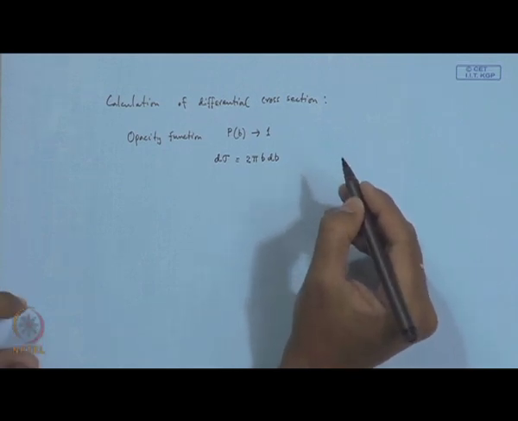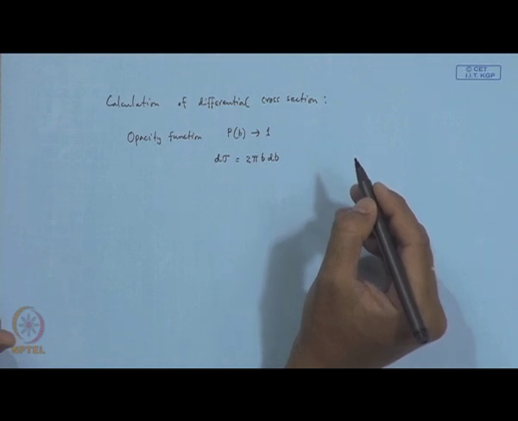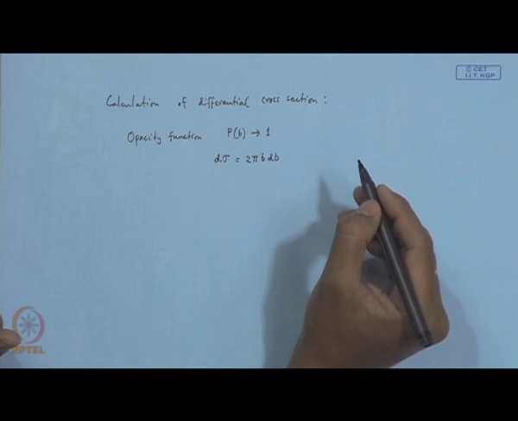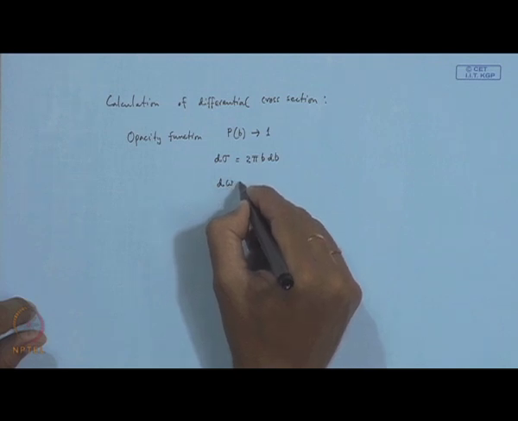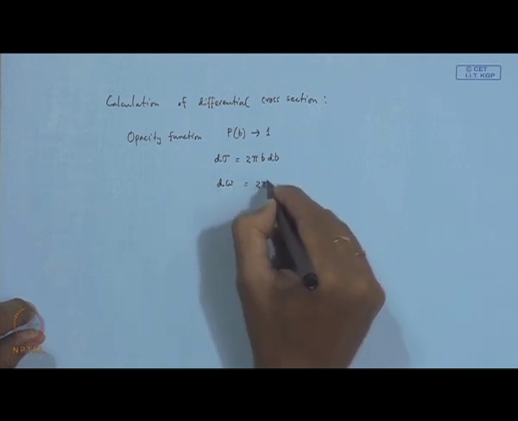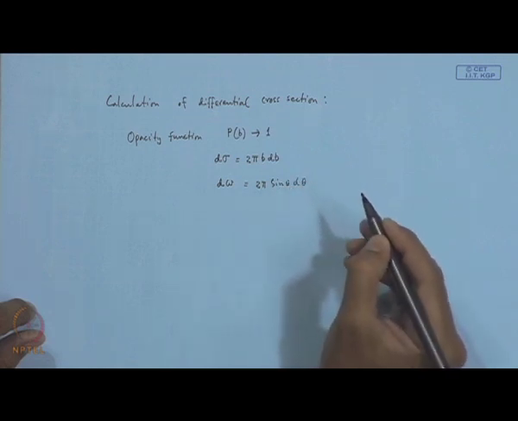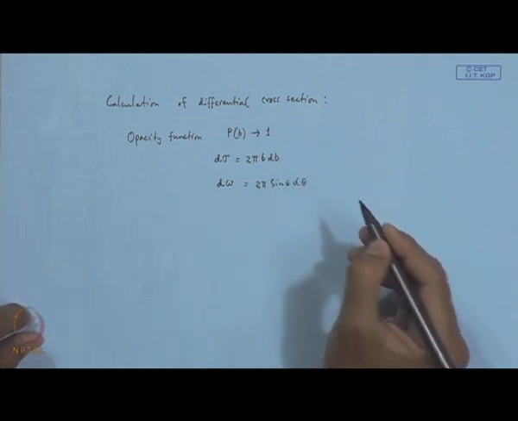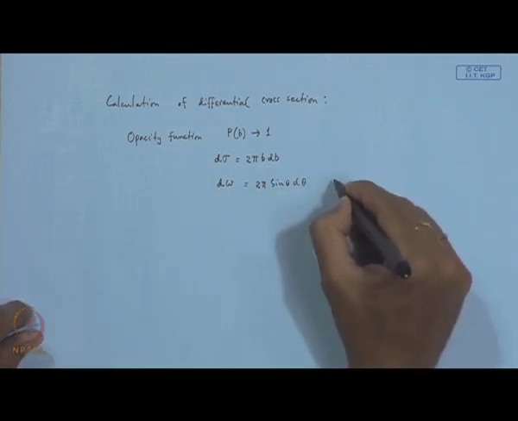And again, since the scattering problem is of cylindrical symmetry, the solid angle element d omega can be written as twice pi sin theta d theta. This is because of the solid angle and cylindrical symmetry.